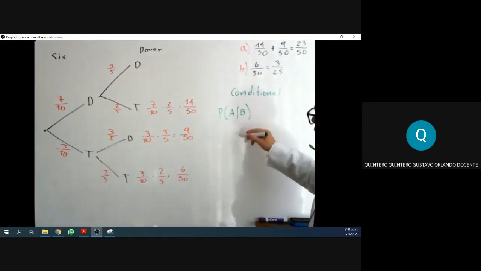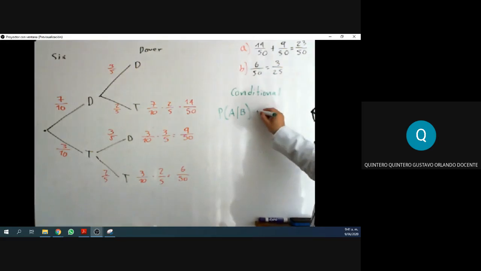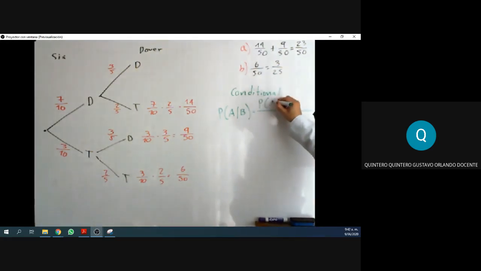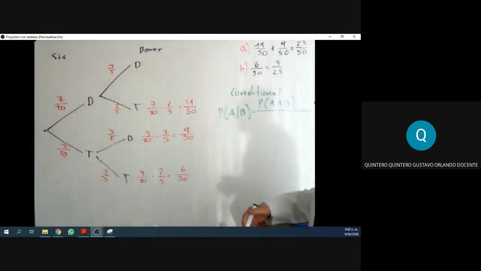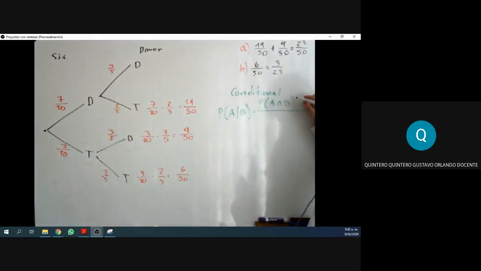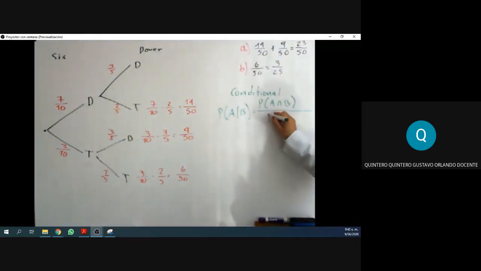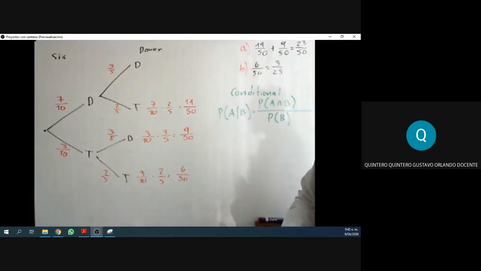A will be our success. The formula says, this is a fraction. On top, we are going to have the probability of the intersection of both events. So we want both events to happen at the same time, A intersected with B. And down, we have the probability of the condition, B. That is the little formula.